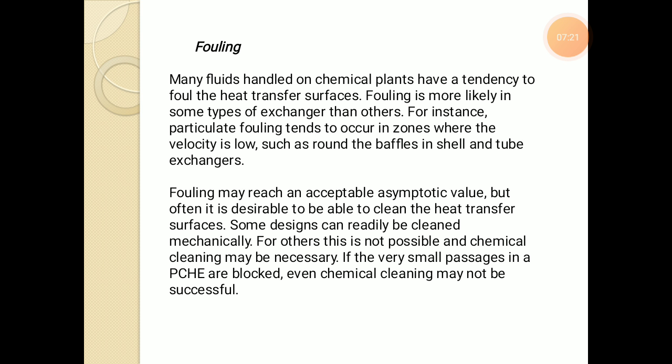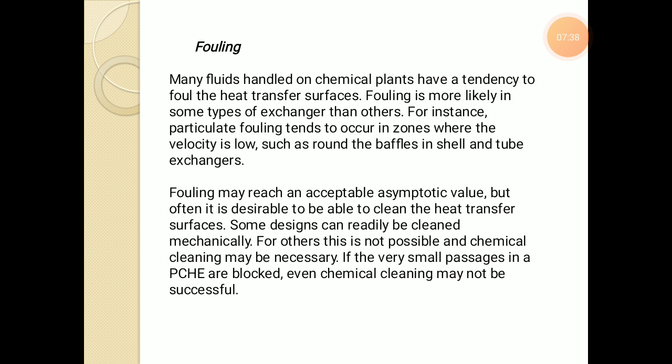But it is desirable to be able to clean the heat transfer surfaces. Some designs can readily be cleaned mechanically. For others, this is not possible and chemical cleaning may be necessary.